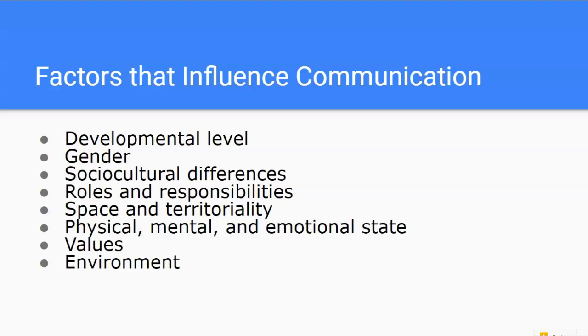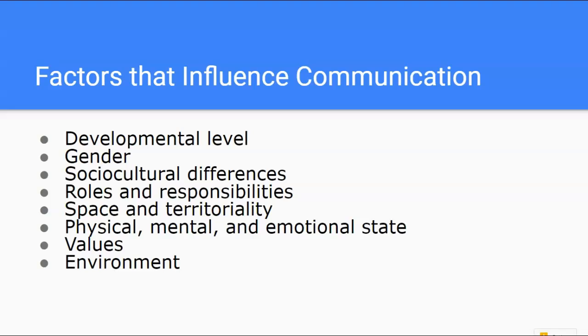Mental state, if somebody is anxious or going through some sort of manic phase, they might not be able to communicate with you and you might not be able to communicate with them. Emotional state is the same. If they are in a high emotional state, they might not perceive anything that you're saying.